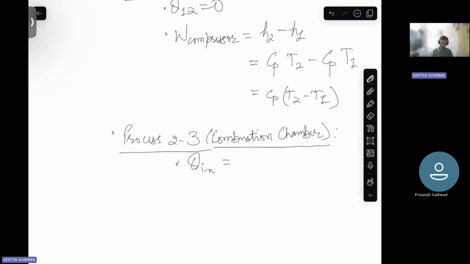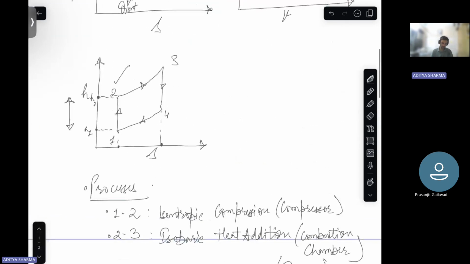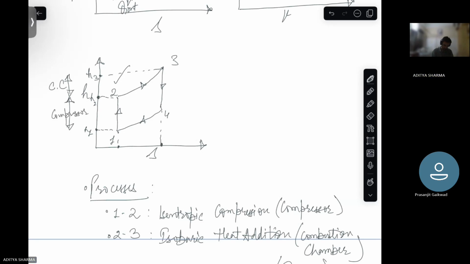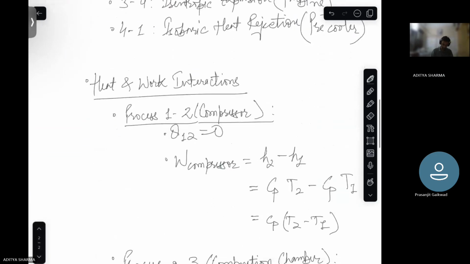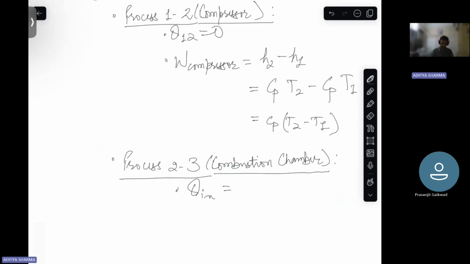And how can we find that out? Again, in your HS diagram, based on enthalpies, this is H3. So this is H3 minus H2. Again, expanding it, we will get this.